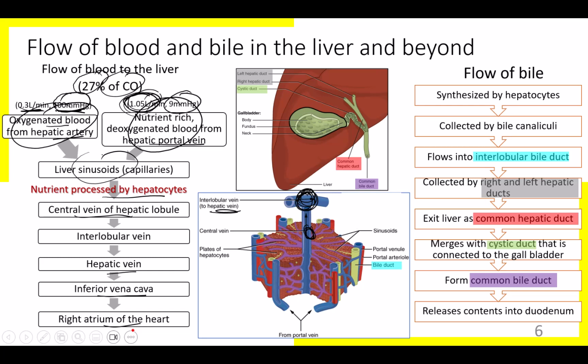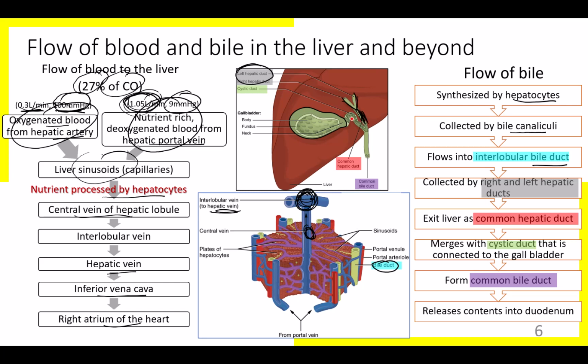In terms of the flow of bile, bile is made by the hepatocytes of the liver. It then is released into the bile canaliculi, where it flows into the bile duct in each of the portal triads. And then it's collected by the right and left hepatic duct over here. And then it exits the liver as the common hepatic duct.